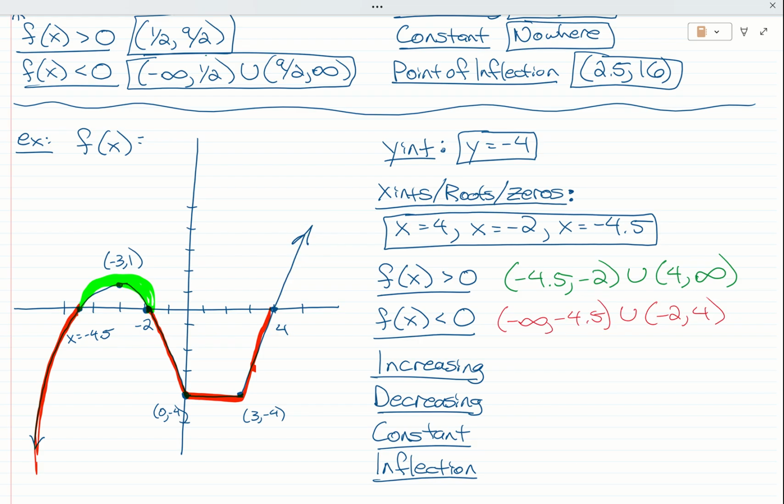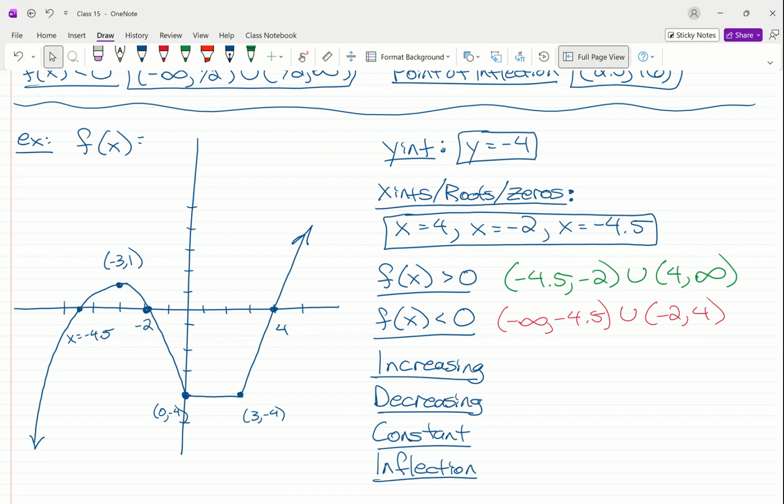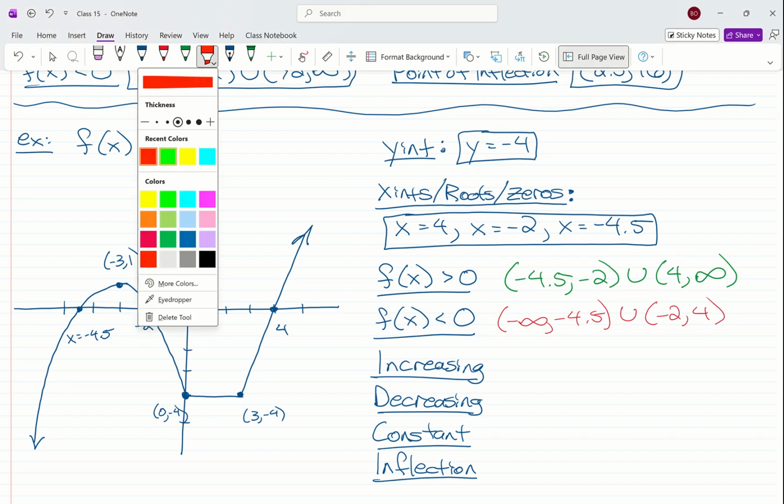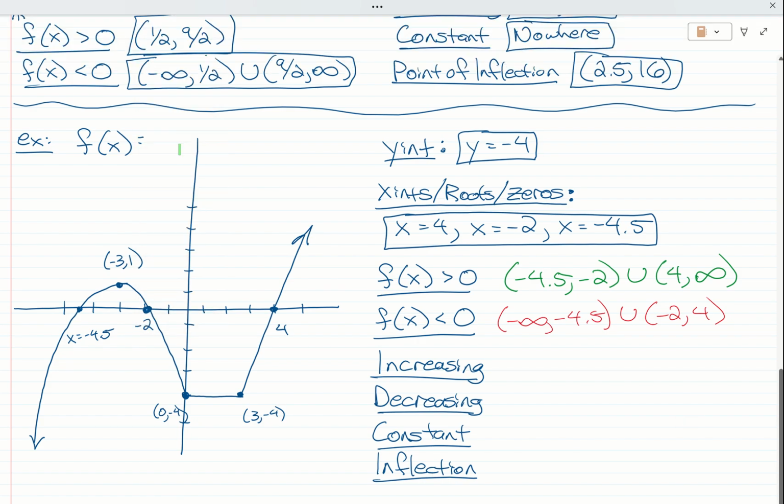Increasing, decreasing, constant, inflection, that's something totally different. Increasing means if you trace the graph, where is it going up from left to right? So I'm just going to start tracing. It looks like over here, if I trace the graph, it's going up, up, up, right there. And then it starts coming down. And then if we keep tracing it, it's going down, down, down, constant, constant, constant.